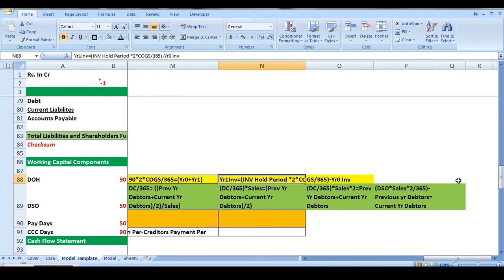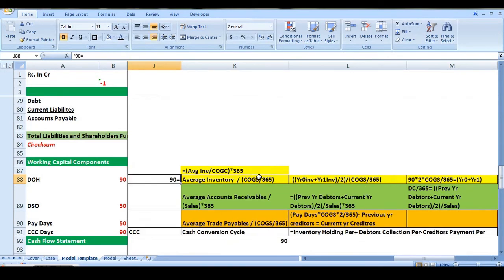Year 1 inventory equals inventory holding period times 2 times cost of goods sold divided by 365, the entire bracket, minus year 0 inventory. So we are using the values given to us.